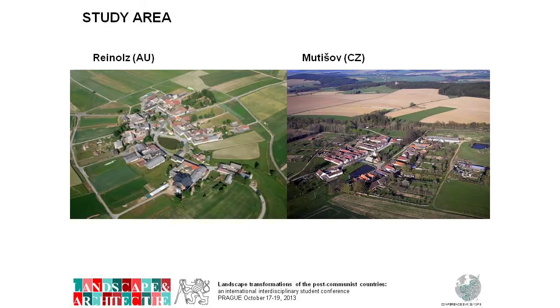Also, the two villages called Mutišov and Reynolds have an old village structure and reflect the development of that area, and I used them for the description.